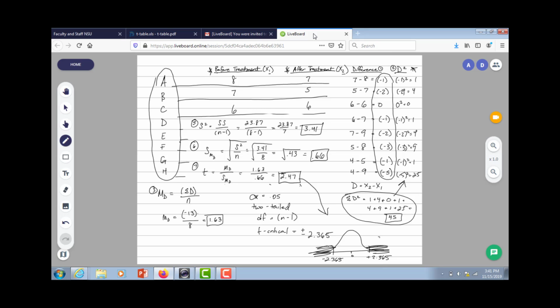So 2.47 would likely fall right here. And given that it would fall in the region of rejection as far as the null hypothesis, then we will, in terms of our null, reject it. And that means, as far as our research hypothesis, we would accept it. In other words, this treatment is making a significant impact on the dependent variable.